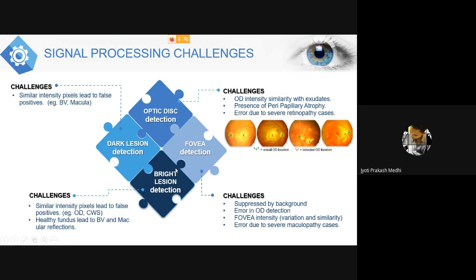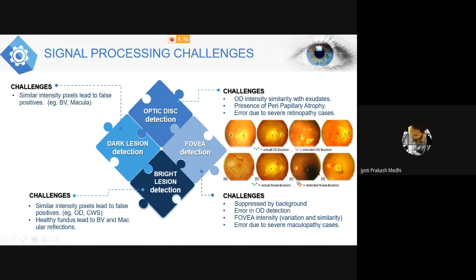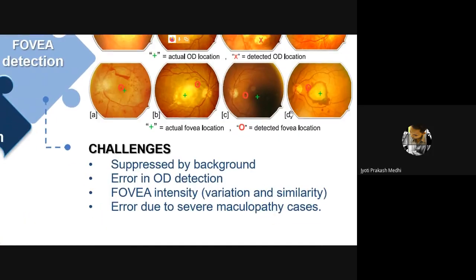Then the next case is the identification of the fovea. For identification of the fovea, the various challenges are, as you can see here, that it is suppressed by the background. For example, the fovea, as we know, is dark in intensity. So if there are darker intensity regions lying nearby, then it becomes difficult to identify the fovea. Then there are errors due to suppressing of the background.